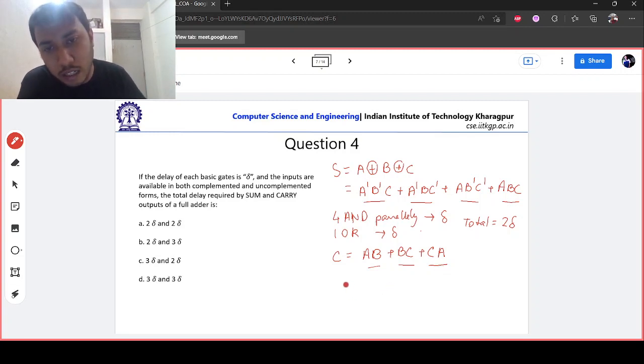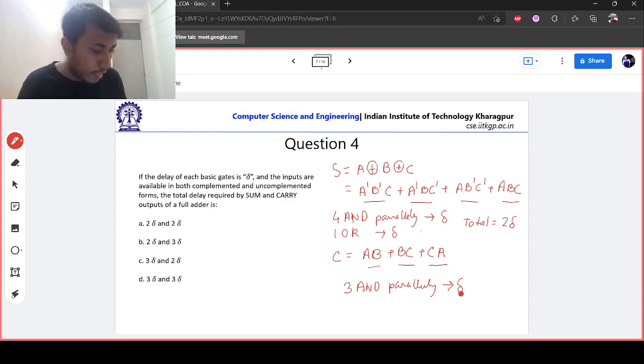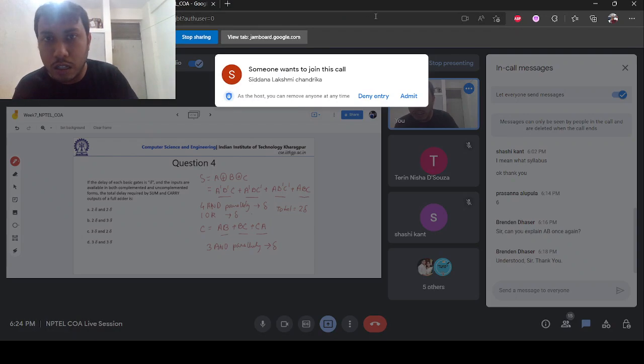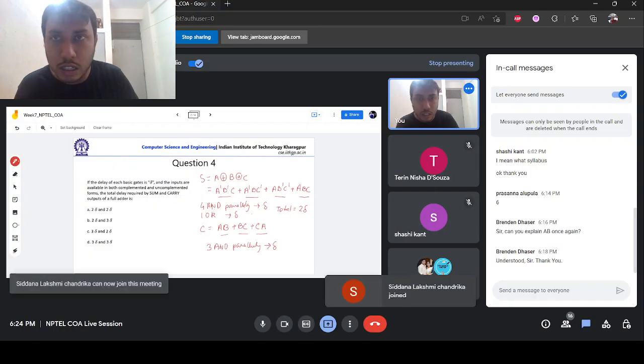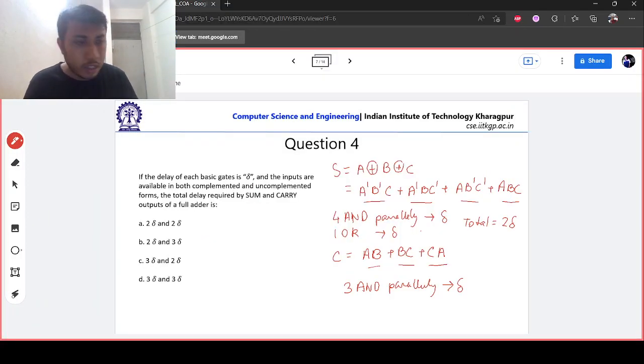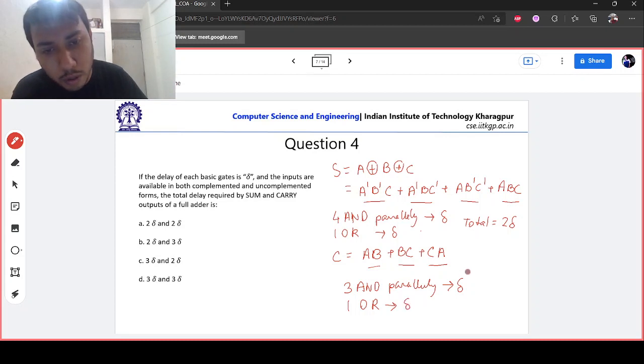So again this can be done in parallel. 3 ANDs, that is 1 delta, and then 1 OR, that is 1 more delta.